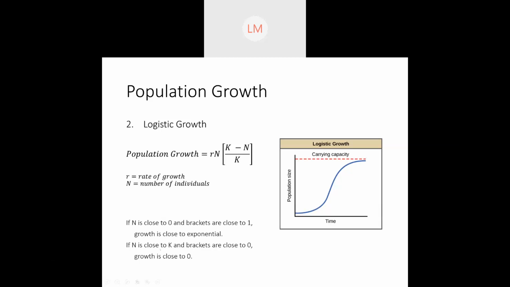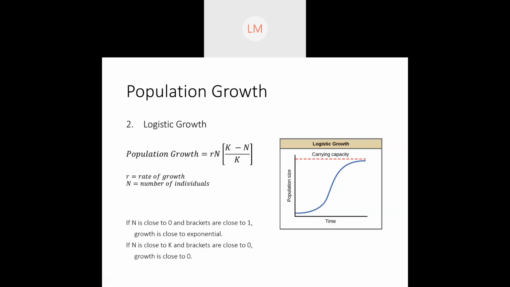As our N gets bigger, if N is very close to K, if it's almost the same, if we're really close to our carrying capacity, what's on the top of our fraction here is going to be really close to 0, right? If N is very close to K, that top value is going to be close to 0, and then 0 divided by K is going to be 0, right? So if this bracketed value is 0, this whole population growth is 0, right?